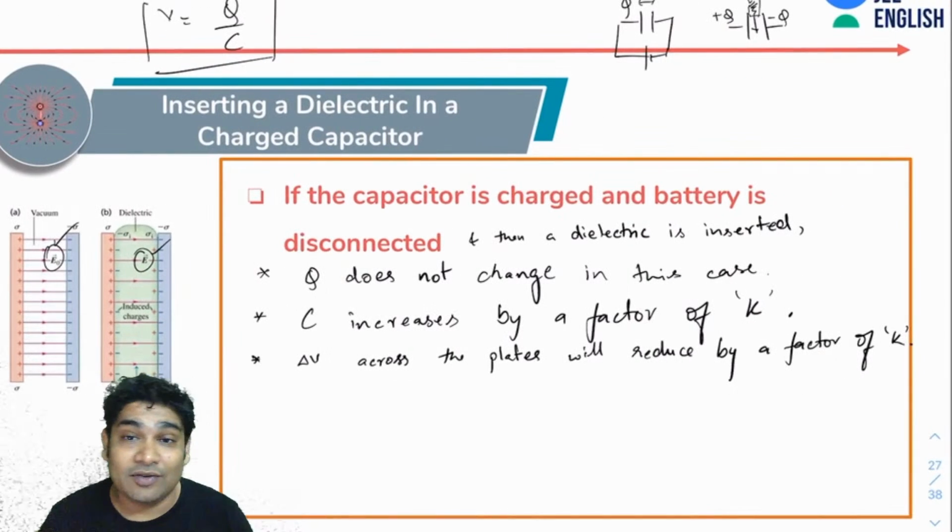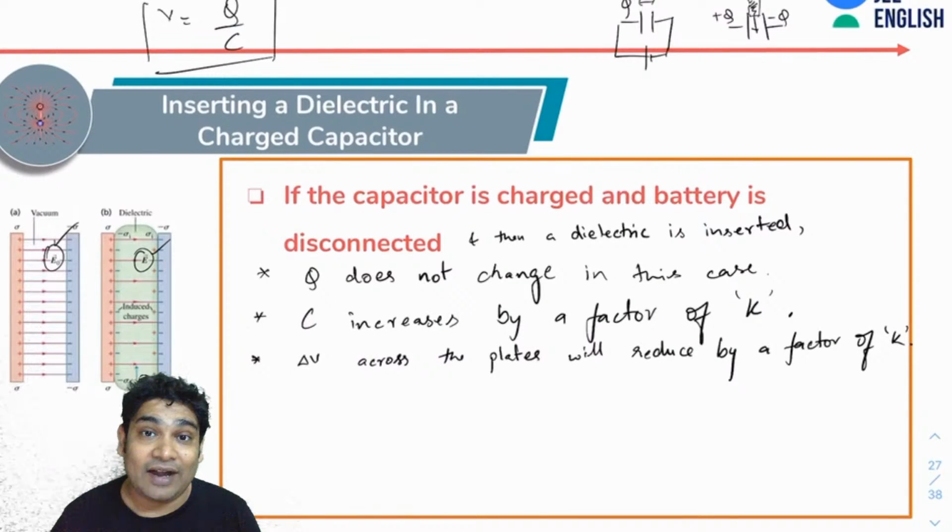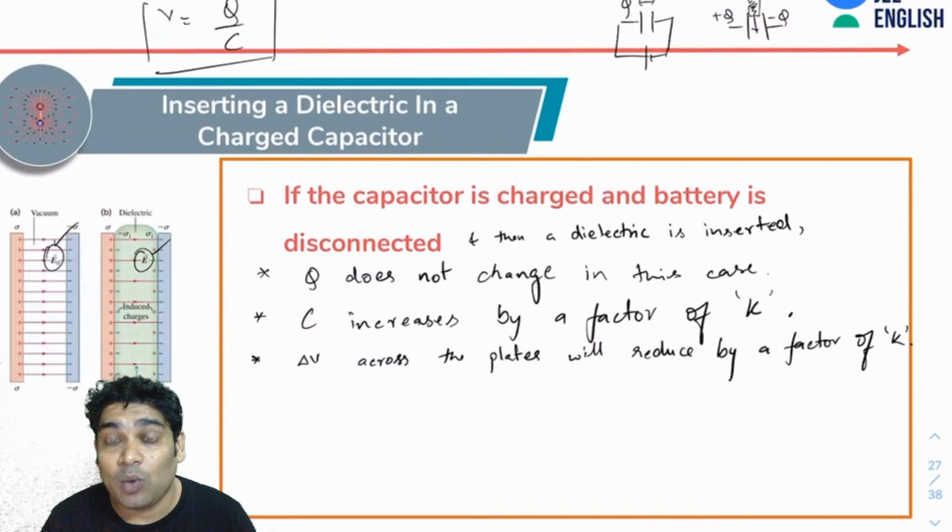Now what happens to energy? Energy would get reduced by a factor of K again. Why?